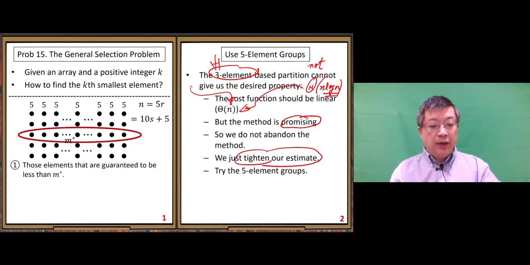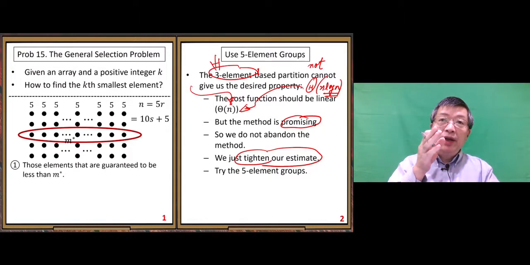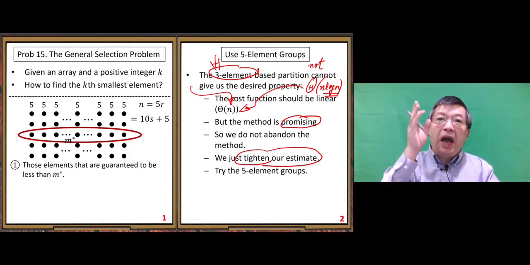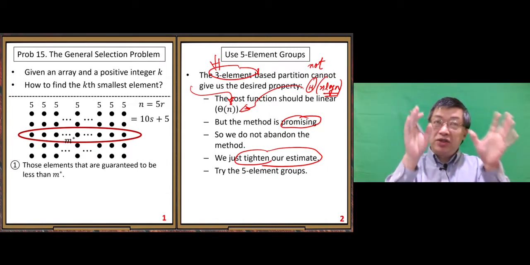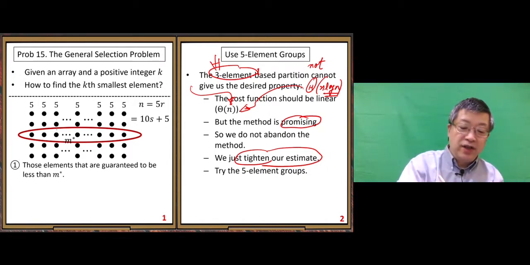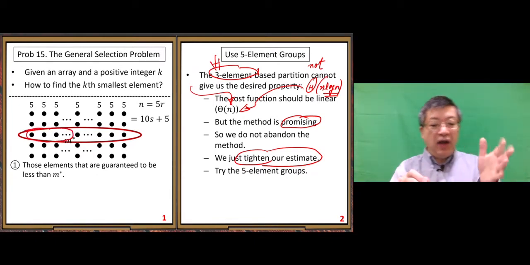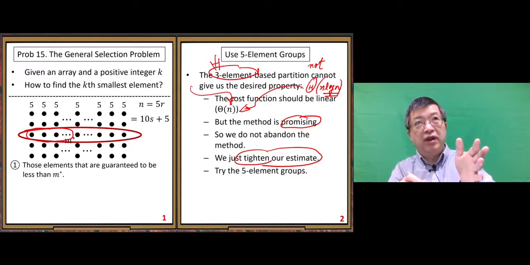First, step 1, we want to find those elements that are guaranteed to be less than M star. Guaranteed. That step is important. So what are those elements guaranteed less than M star? First, these medians at the left-hand side of M star.